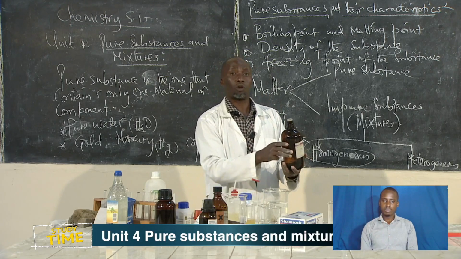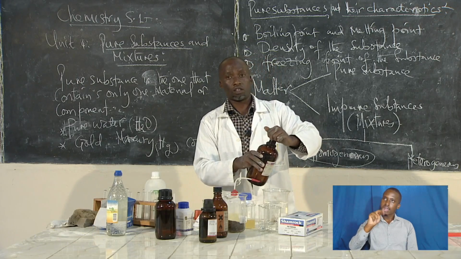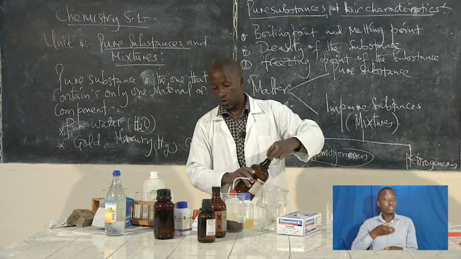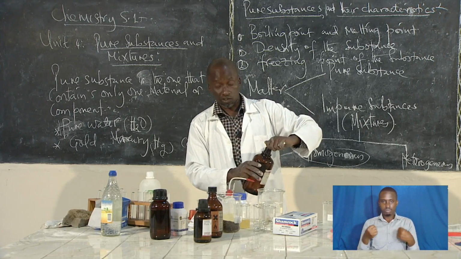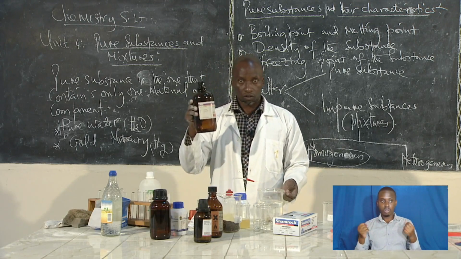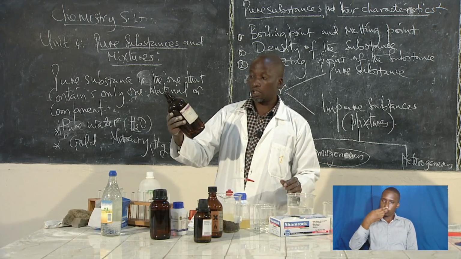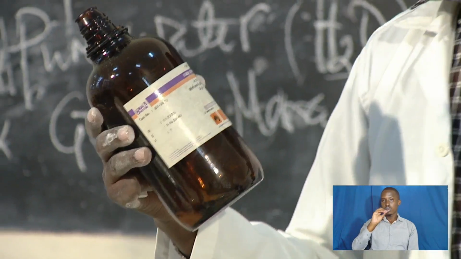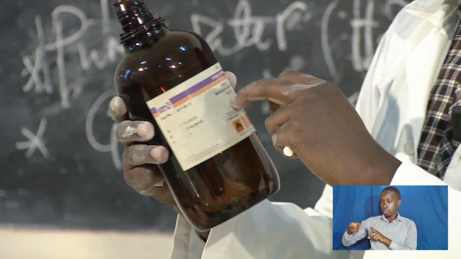This is methanol, one of the most dangerous alcohols. When you drink this, you're not supposed to drink alcohol anyway, as long as you are under the age of 18. And the alcohol that is put in alcoholic drinks is not this methanol.